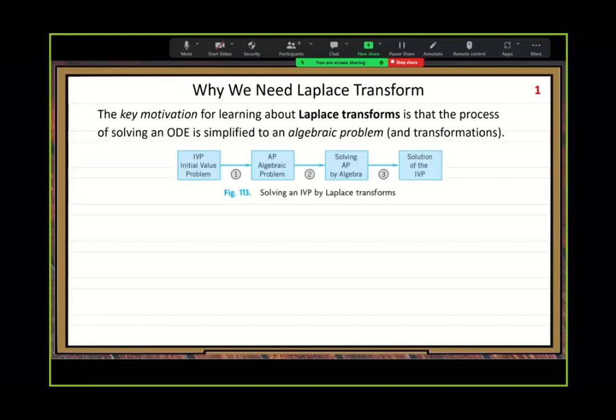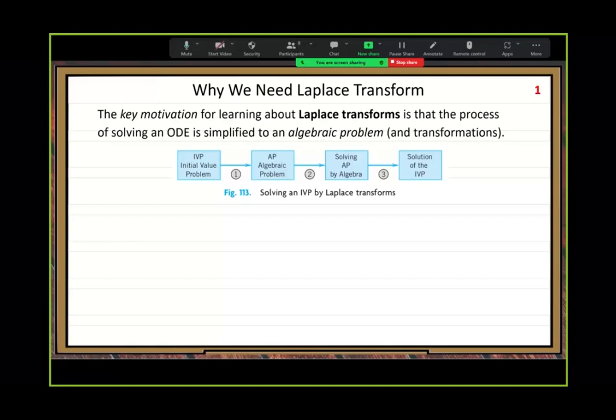The diagram is like this. Later we will see an example when we solve an IVP, initial value problem. We do not solve directly from the ODE point of view. We do a conversion.